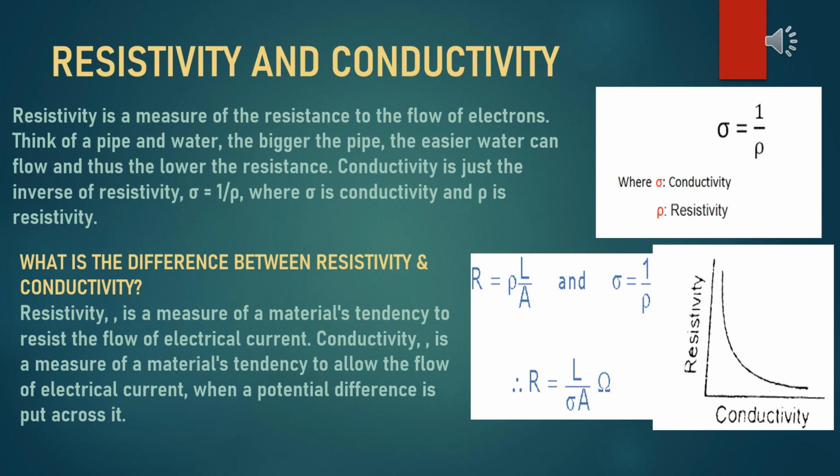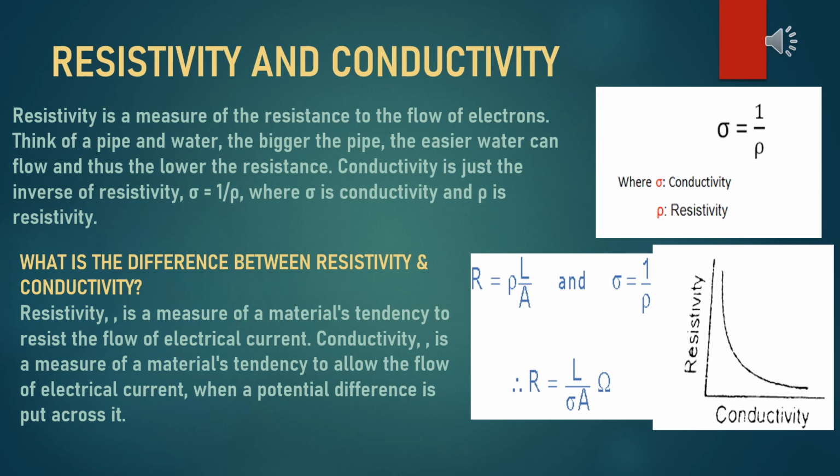So, obviously, R is equal to L by sigma into A ohm. Now, if we draw a graph taking conductivity as x-axis and resistivity along y-axis, we will get a rectangular hyperbola. See the graph, we will understand.